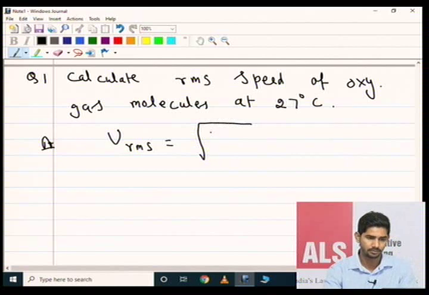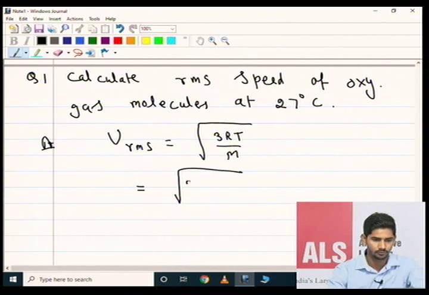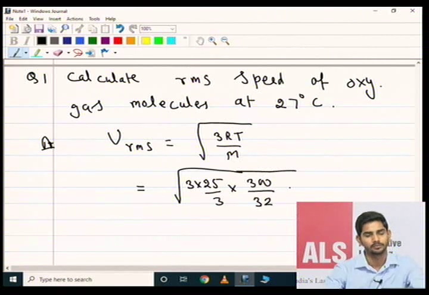Root of 3RT by M. You have to solve this. Okay. Just put these values. 3 into 25 by 3. Temperature is 300. Mass is 32. Okay. I hope everyone has solved this.